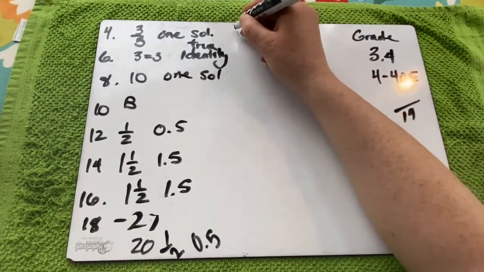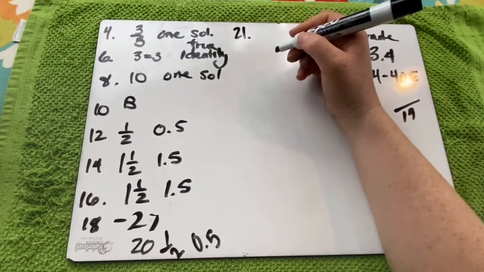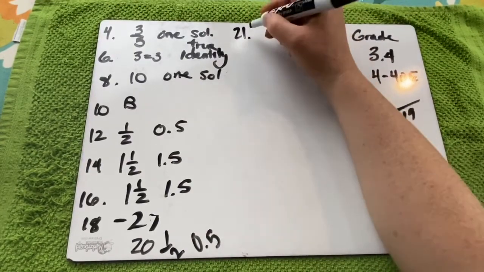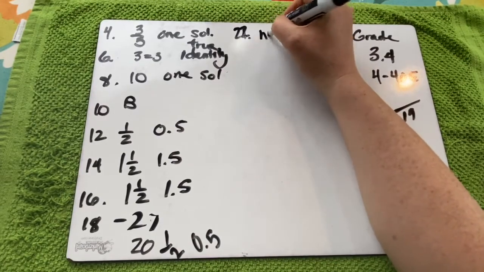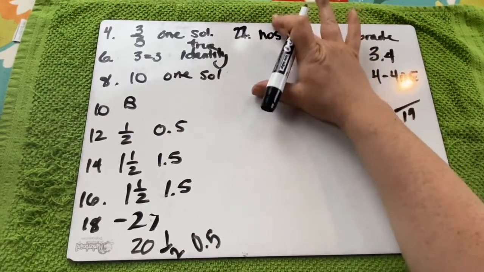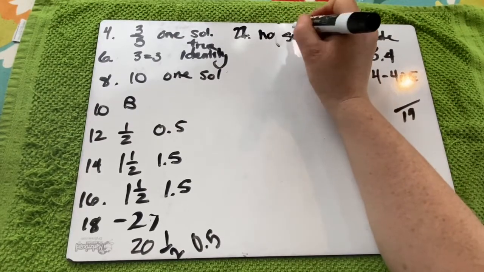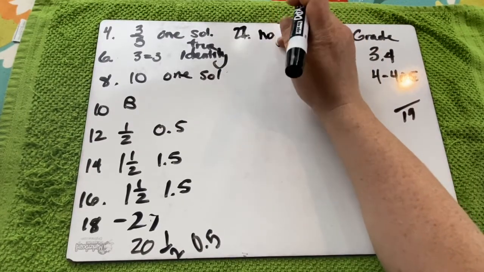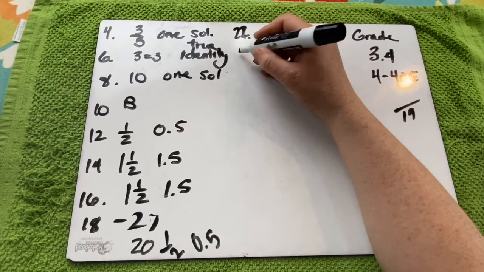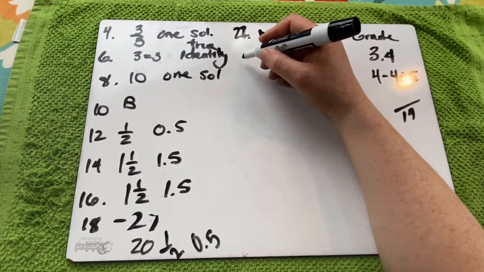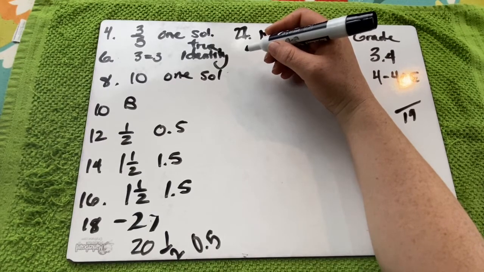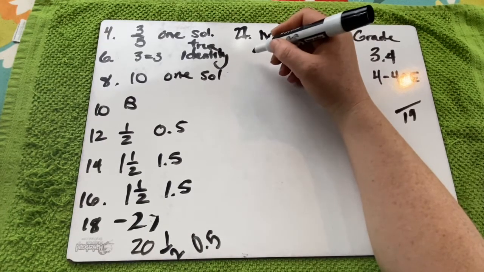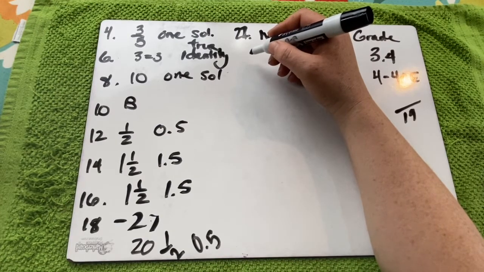Okay, 22, I can do this, is no solution. You can't solve it. It won't work, okay? Because if you move that 4, it's going to leave a 0 on that side.